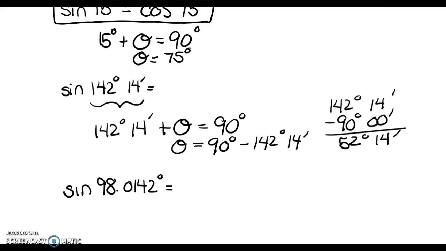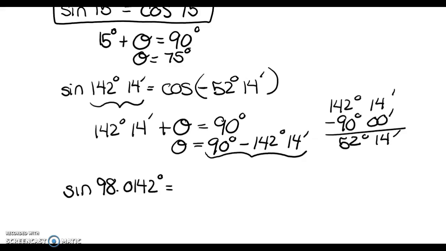I know it's got to be negative because I'm subtracting a bigger angle from a smaller angle. So the cofunction of sine is cosine. This is going to be the cosine of negative 52 degrees, 14 minutes.